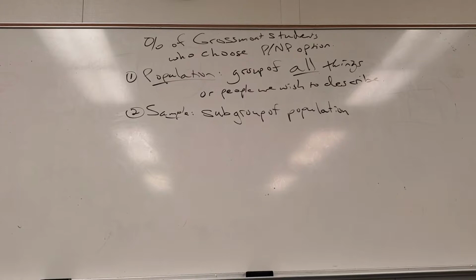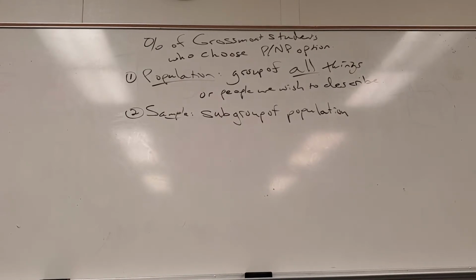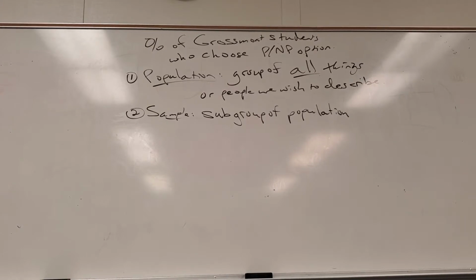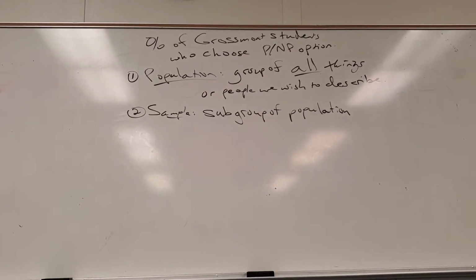So this is just one class. Well, what's wrong with that? You guys know you can take any class you want and make it pass or no pass, up to a certain limit within your major. There are classes where you don't have an option, it's just pass or no pass. But any other class you can choose.